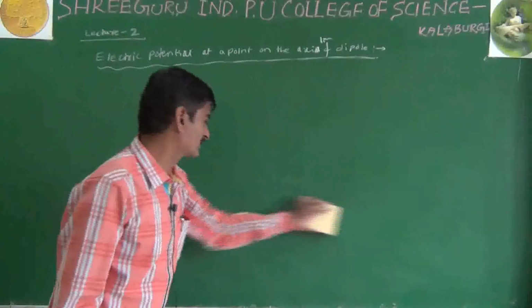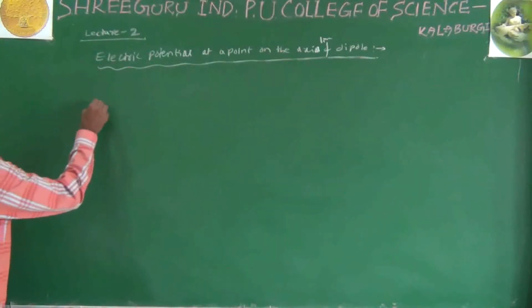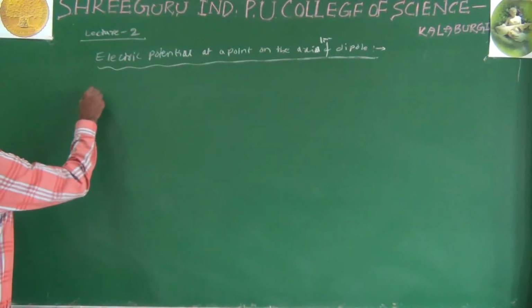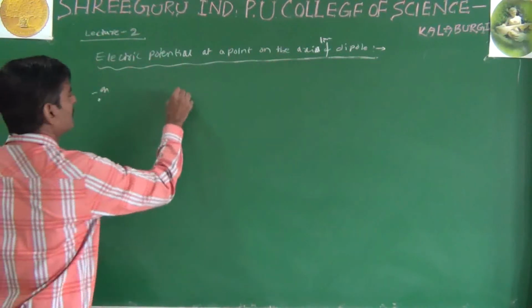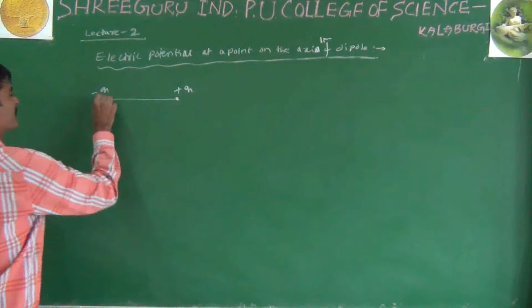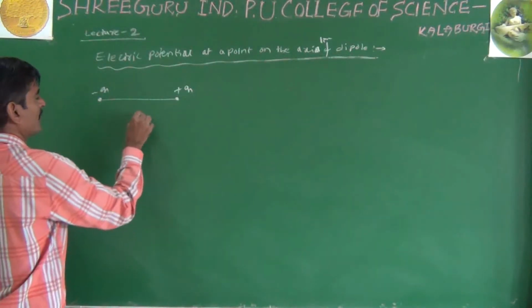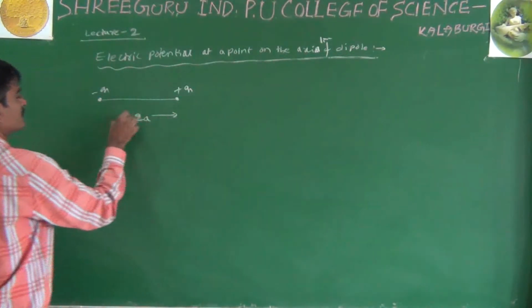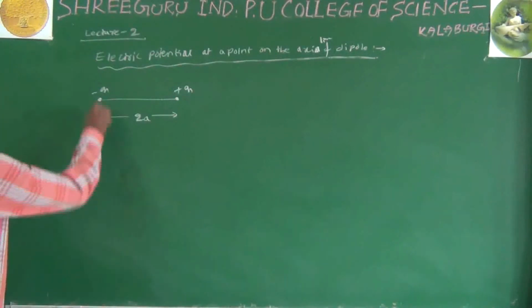So now for that, consider an electric dipole having two charges, minus q and plus q, separated by a distance 2a. 2a is the distance between these two charges.